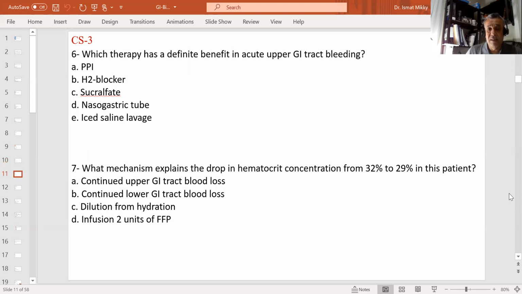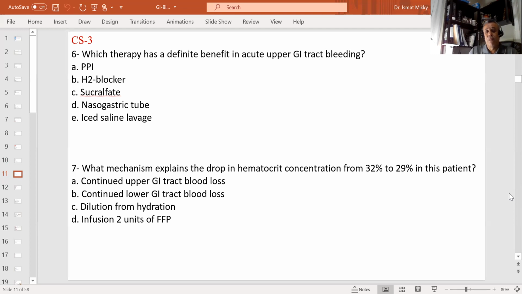Which therapy has a definite benefit in acute upper GI bleeding? The PPI, proton pump inhibitors, do have a benefit in stopping and controlling acute upper GI tract bleeding.